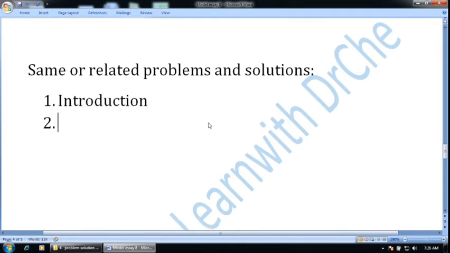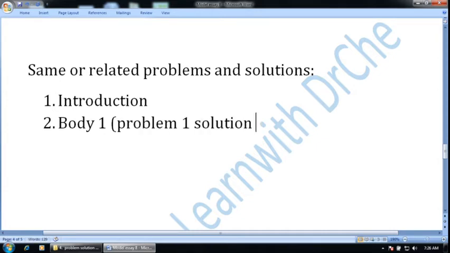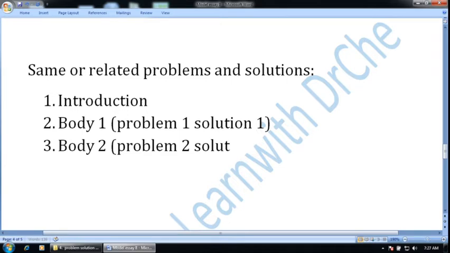Number 2 would be body paragraph 1, that would be problem 1 and its own solution, solution 1. Body paragraph 2 would be problem 2 and its solution 2, and at the end the conclusion. This is the structure that we use in a problem solution essay when the problems and solutions are linked to each other, they're similar.